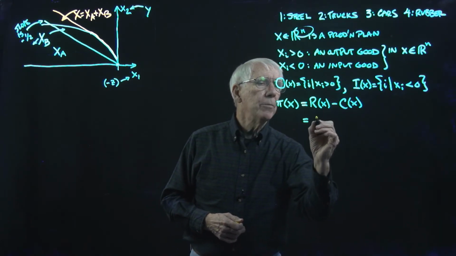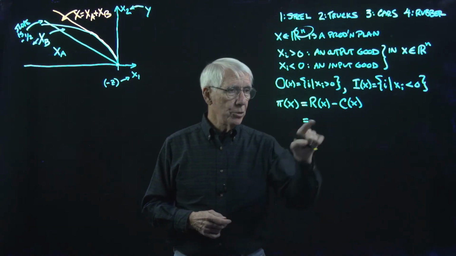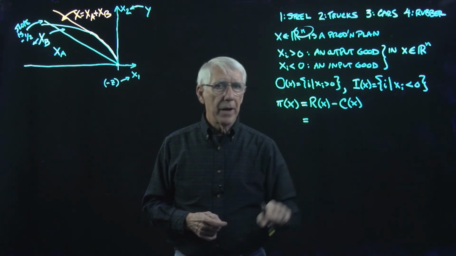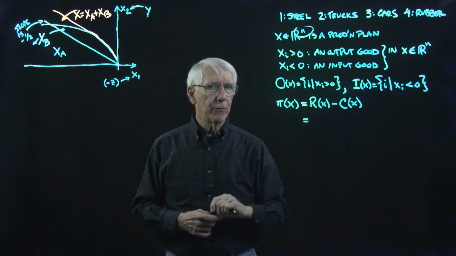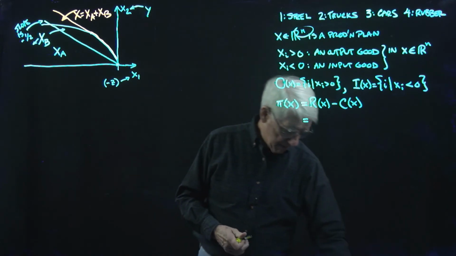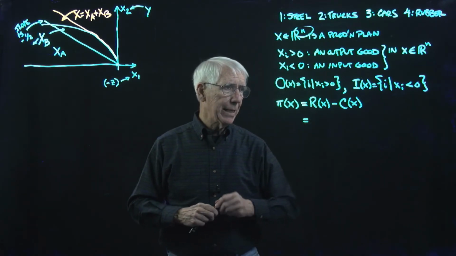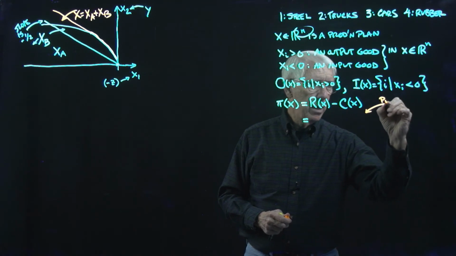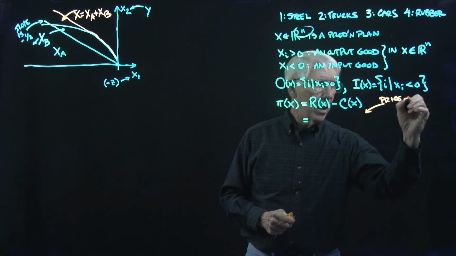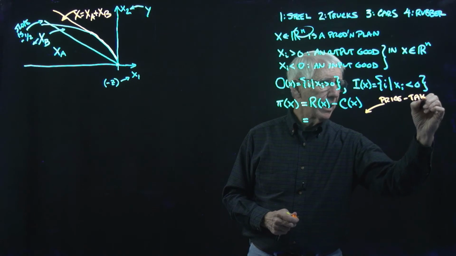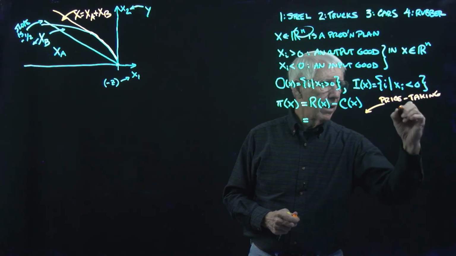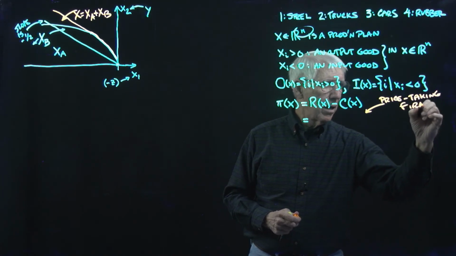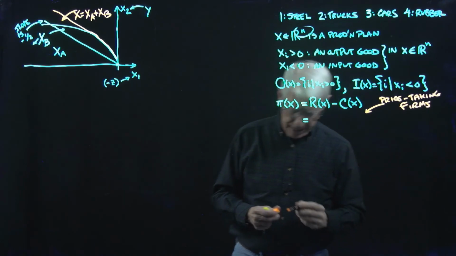well, now I'm going to assume from this point downward that I'm looking at price-taking firms. So let me make a note of that so we don't forget it. From here down, this is going to be price-taking firms.